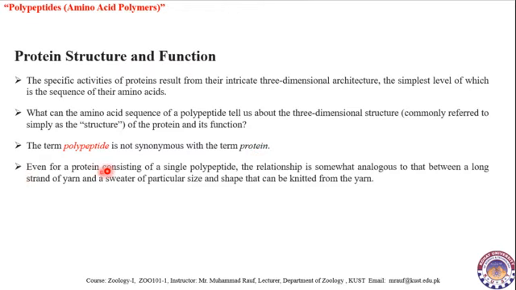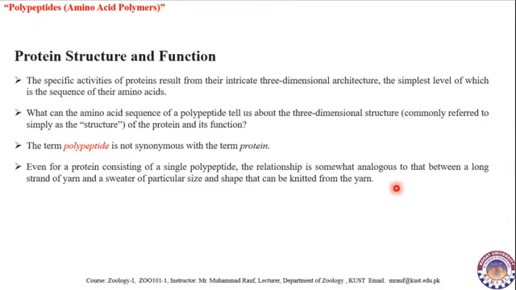Even for a protein consisting of a single polypeptide, the relationship is somewhat analogous to that between a long strand of yarn and a sweater of particular size and shape that can be knitted from the yarn.